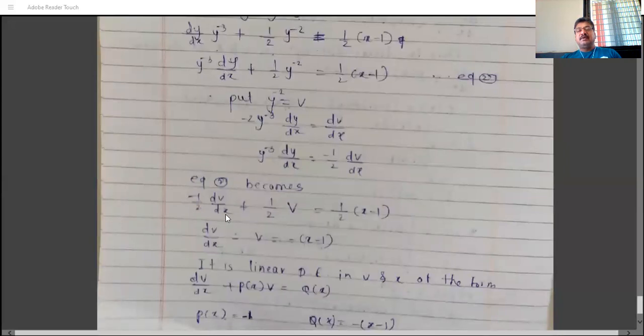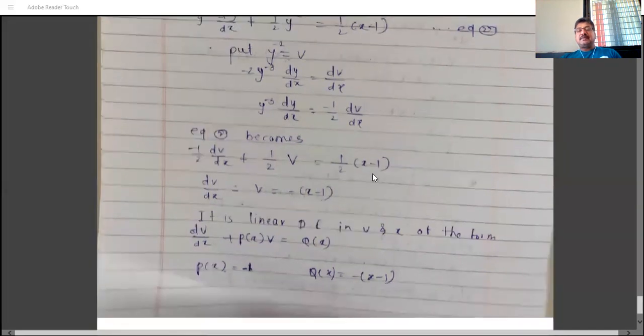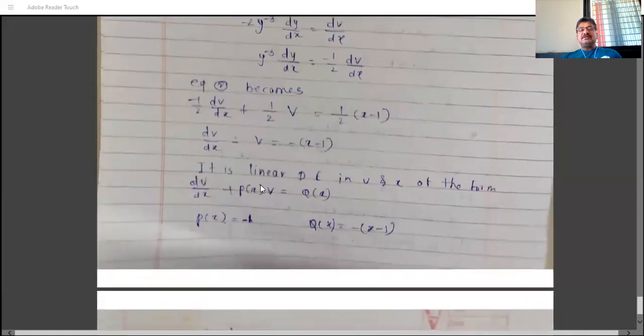So the equation becomes minus 1/2 dv by dx plus 1/2 times v, since y raised to minus 2 is v, is equal to 1/2 (x minus 1). Multiplying throughout by minus 2, we have dv by dx minus v is equal to minus (x minus 1). This is a linear differential equation in v and x of the form dv by dx plus P(x) v is equal to Q(x).